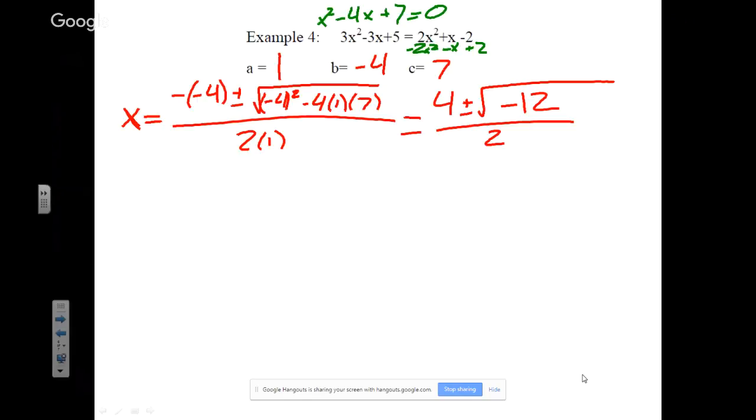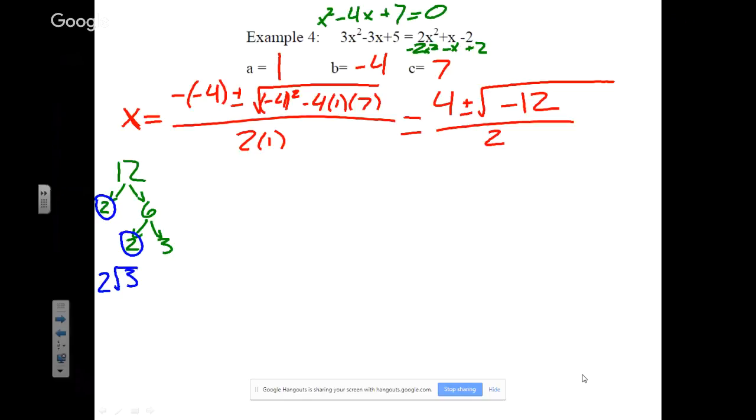So, you have a 12, and when you're trying to break that down into things so you can simplify it, you can break that down into 2 and 6. You can break your 6 down into 2 and 3. Then you see that you have a pair of 2's. That means you're going to bring those out, and you just have a 2 times the square root of 3.